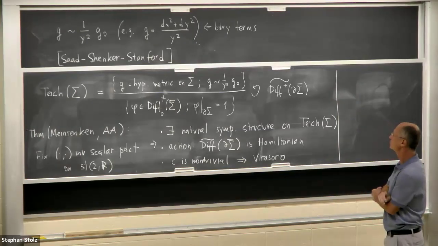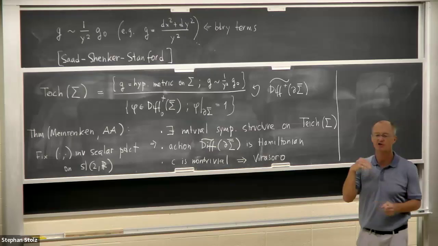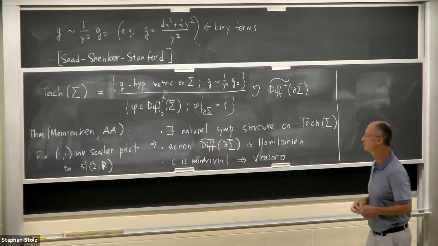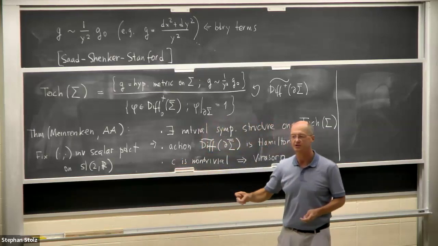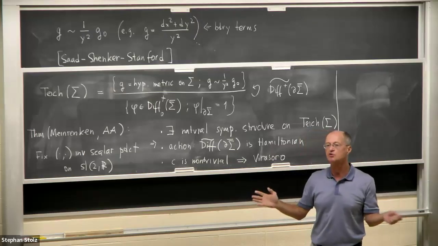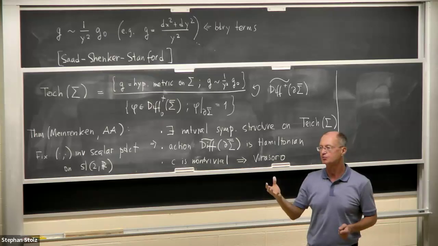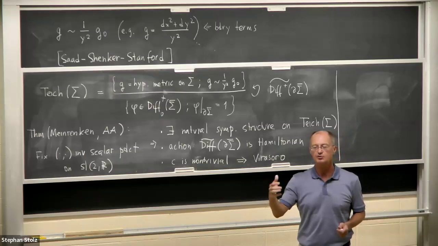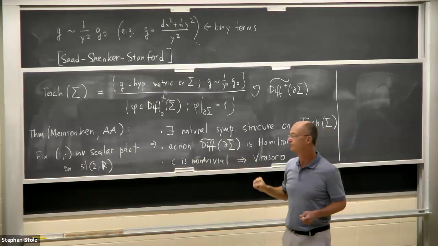Maybe I want to add a couple of comments, and we're going to get back to those comments at the end of the talk. Right, the word Virasoro, to many people probably in the audience, I don't know if you're familiar with that, right? One of the first associations is the word central charge, right? I think normally at this point you should ask me what is the central charge of that Virasoro.